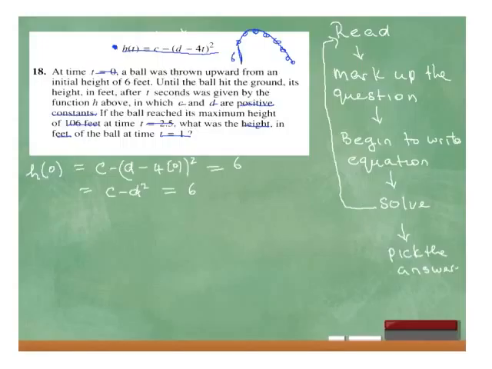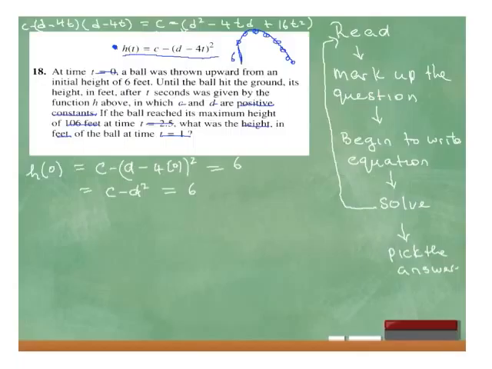I'll try and move this blue line out of the way. All right, look above the question, look what I'm doing right here. (D minus 4t) times (D minus 4t). I'm going to go ahead and figure that out, which is D squared minus 4tD plus 16t squared.